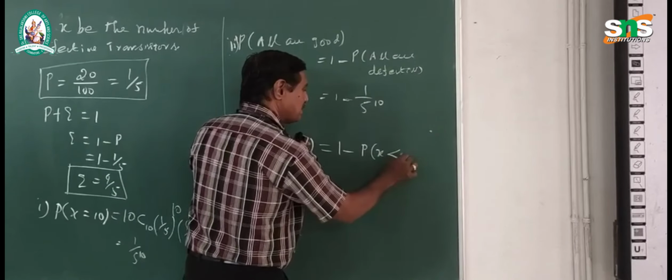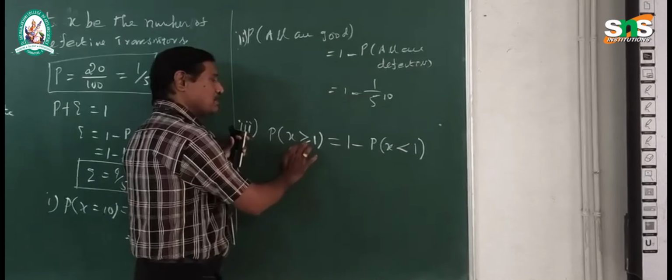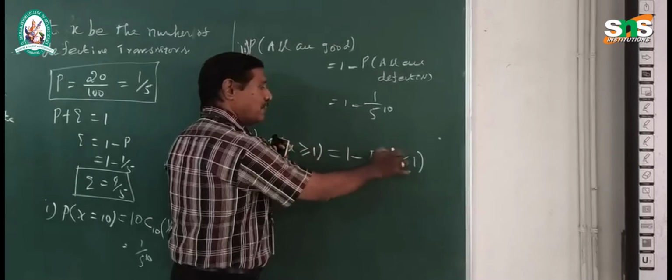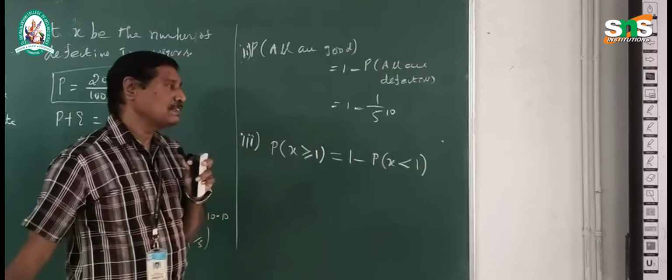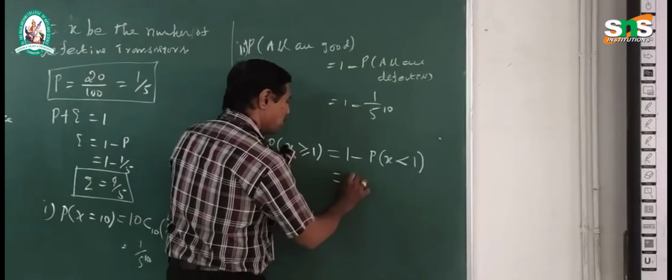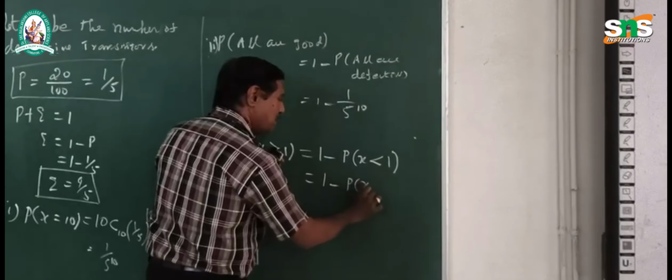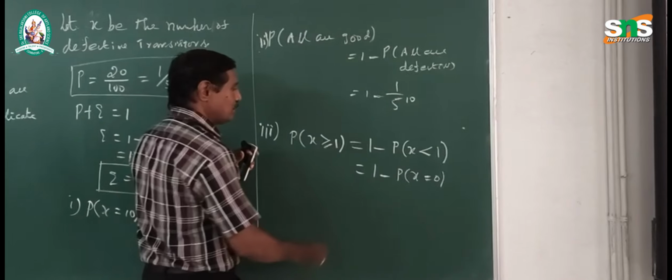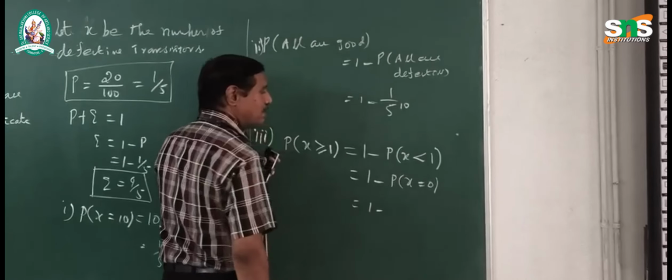So it is 1 minus probability of x strictly less than 1. Because the original has the equal to symbol, we avoid it and write less than. So 1 minus probability of x less than 1, which means 0 defective.